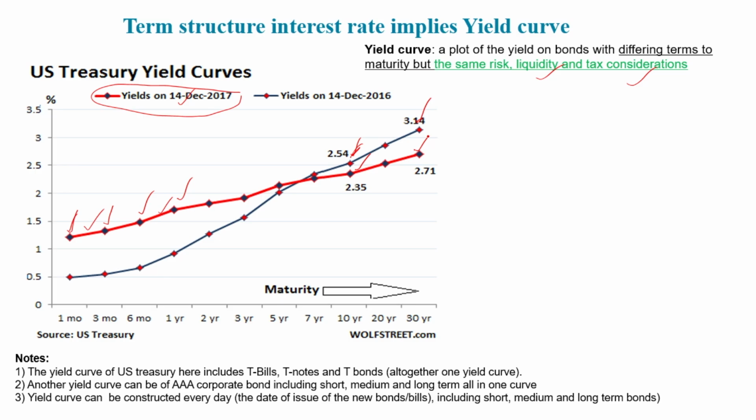This one. Okay. So what you can see that each and every point along the x-axis, what is mentioned is the maturity period of the bond. On the y-axis, you can see the yield or the rate of interest.